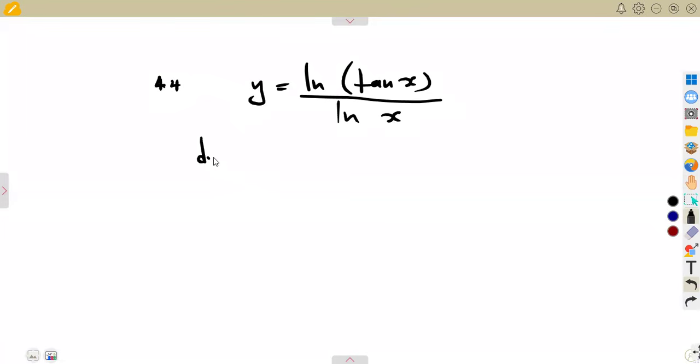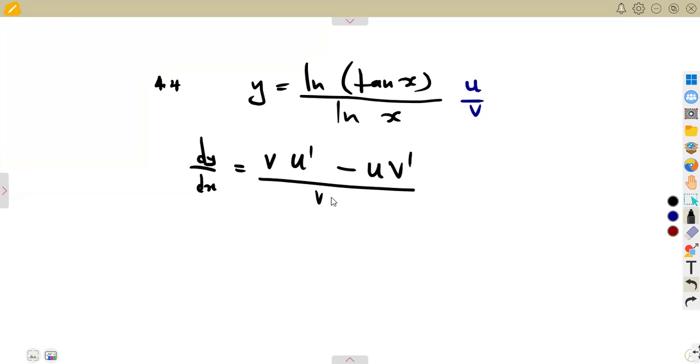Remember the quotient rule, you're also given the formula on your formula sheet, all right? So if you consider the part of v, you're going to have v times the derivative of u minus u times the derivative of v, over v squared, which is in terms of x, you can just write v(x), it's fine.